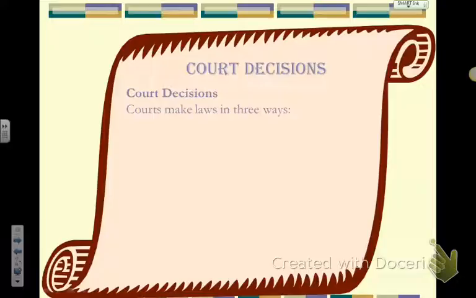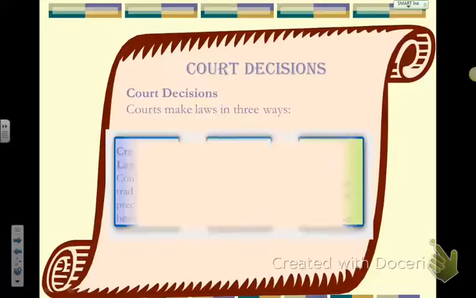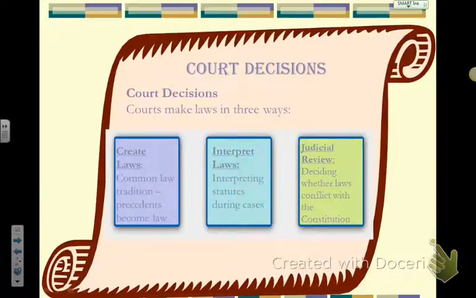So, the fourth area is court decisions. And the courts help to make laws in three different ways. They help to create laws through that common law tradition and the concept of precedent. They help to interpret laws when cases go to court. So like right now with the president and him creating the ban on immigration.